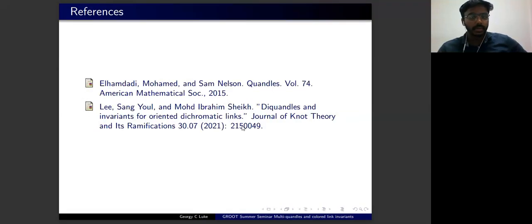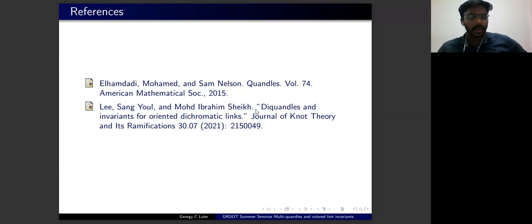This is what I have done. The basic knot theory part and quandles I have taken from the book of Elhamdadi and Sam Nelson.